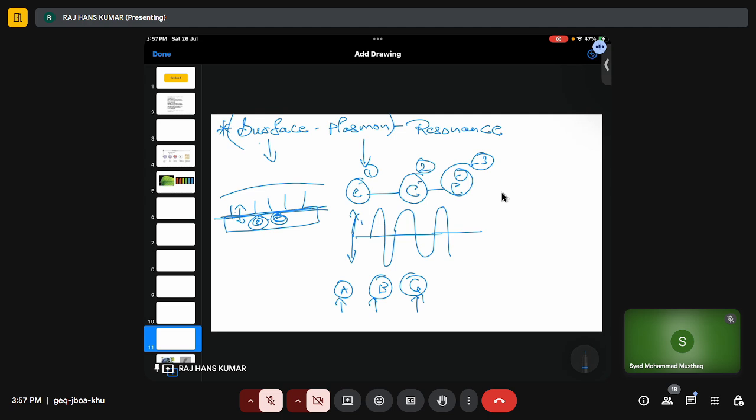Now what is resonance? Resonance is nothing but oscillating at the same frequency. For example, I have a tuning fork and I have another tuning fork. If I oscillate one at 10 Hz, and I oscillate the other at 10 Hz, these two have the same frequency, right?